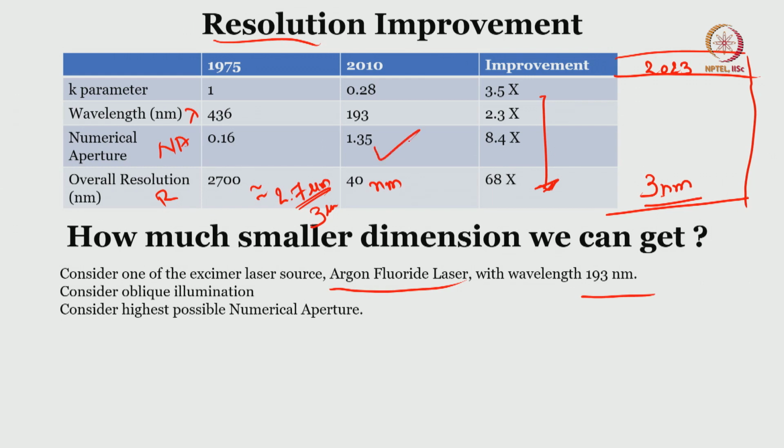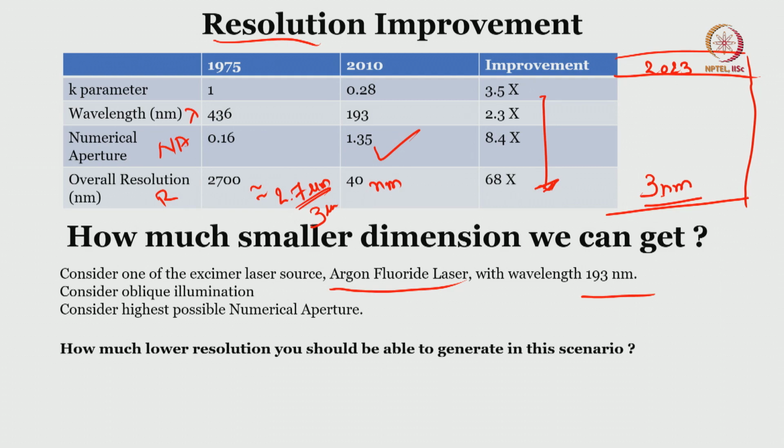If you do not, just consider 1.35 and identify the smallest dimension you can get. This is a homework for you, right. Check how much you can get, and then map that value to this value. Let us say this will give you around 100 nanometer, so based on projection lithography, you can take it as 100 nanometer.